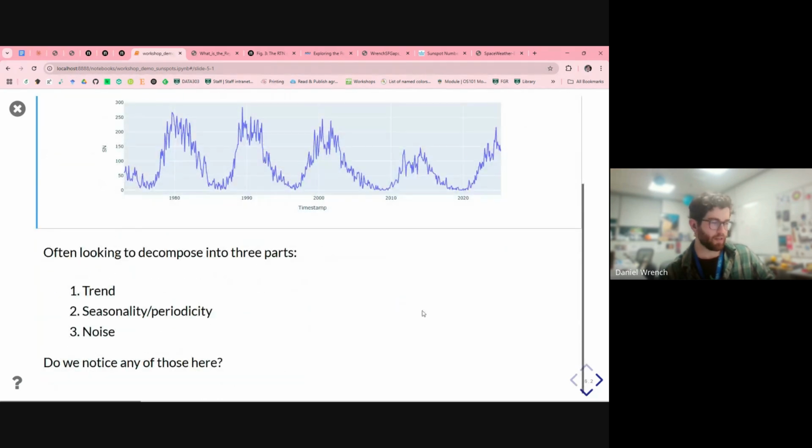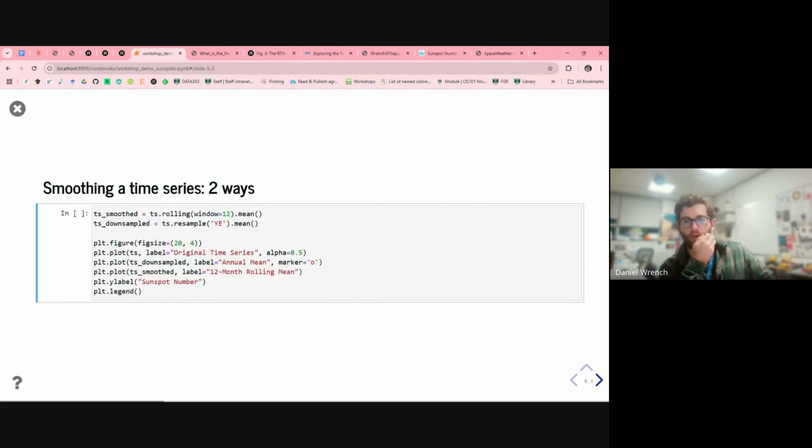Okay, good. So now, one way of kind of just brute force hiding some of that noise and more clearly extracting what is the trend, what is the seasonality of your time series is by smoothing it, right? Now, there's many ways you can do it, but two of the more common ones are a rolling window.